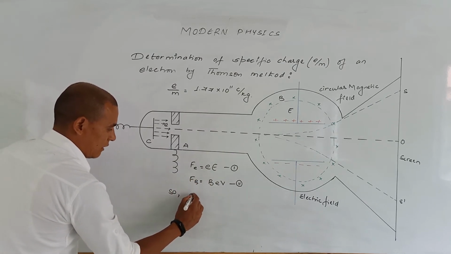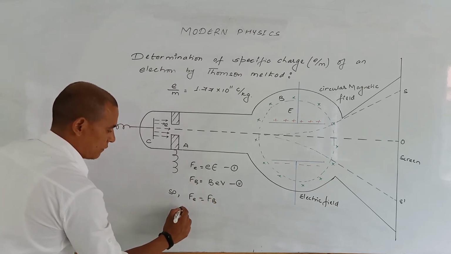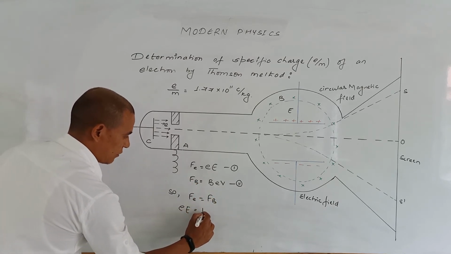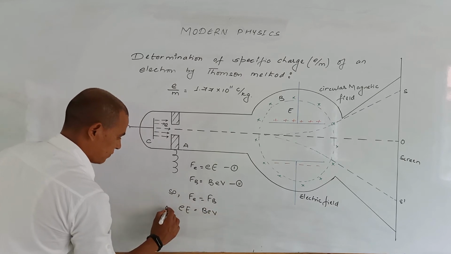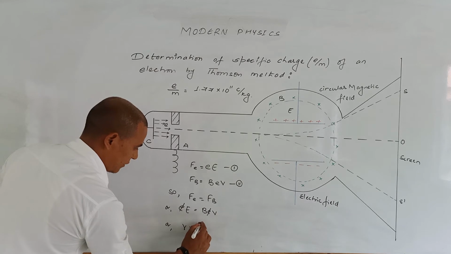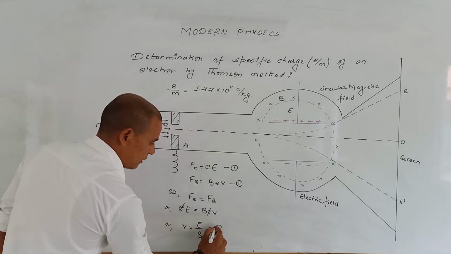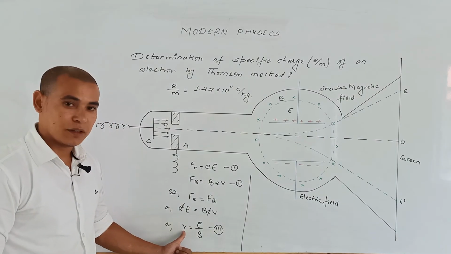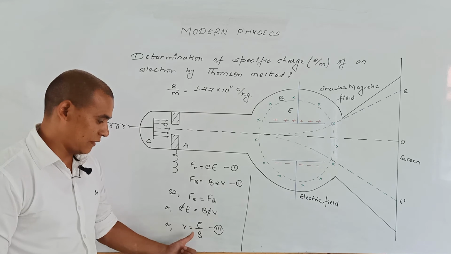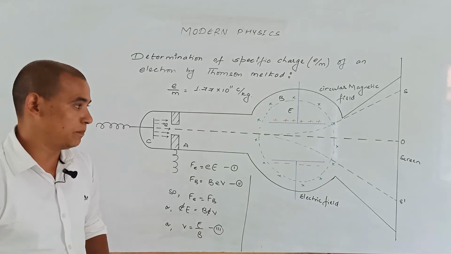So we can write the force due to the electric field equals the force due to the magnetic field: Ee equals Bev. The charge gets cancelled, so v will be equal to E by B. This is our equation 3. We have calculated the velocity of an electron. It is given by the ratio of the electric field E and the magnetic field B.